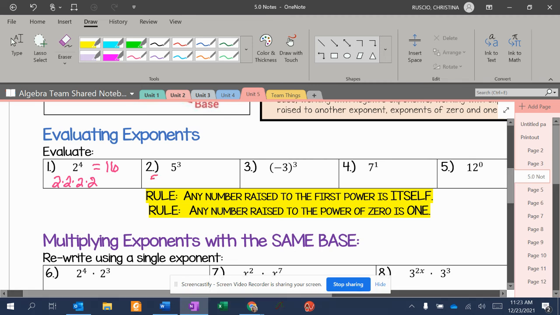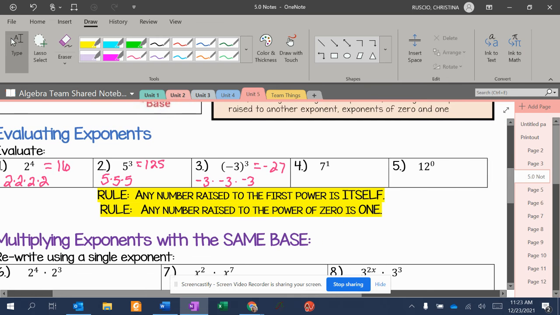So 5 times 5 is 25, times another 5 is 125. Negatives you need to be a little careful with because that's negative 3 times negative 3 times negative 3. So negative 3 times negative 3 is a positive 9, times another negative 3 is a negative 27.